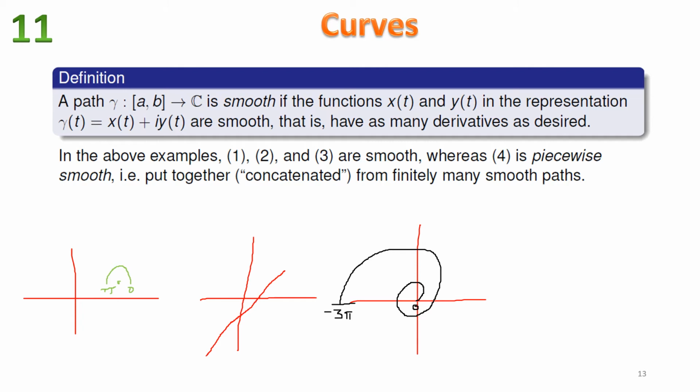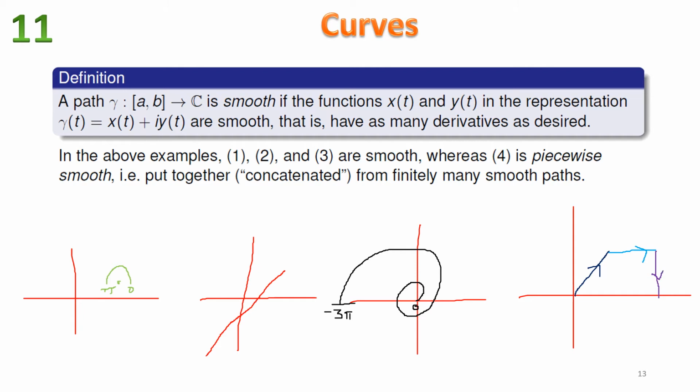And the last one that we discussed was in 3 regions. The first region was like this from 0 to 1. Then in the second region, it went this way from 1 to 2. And in the third region, it dropped down to the real axis this way.